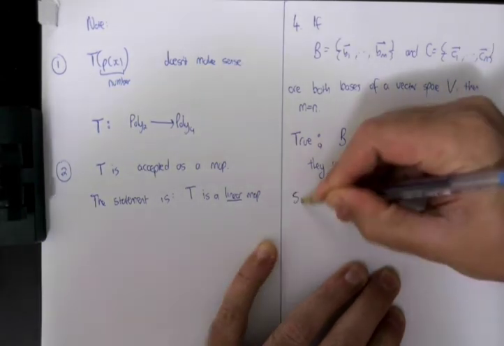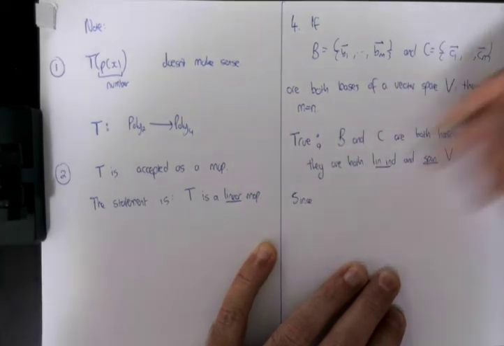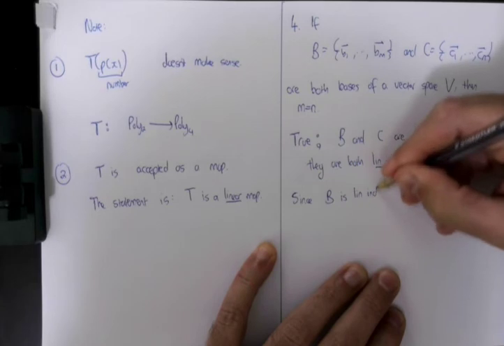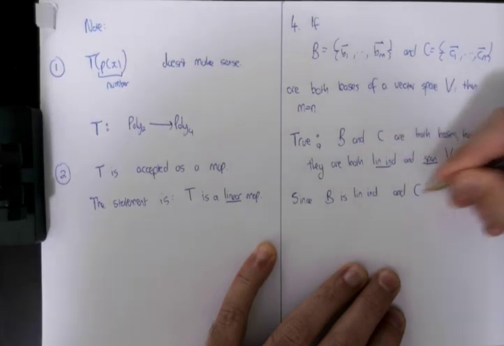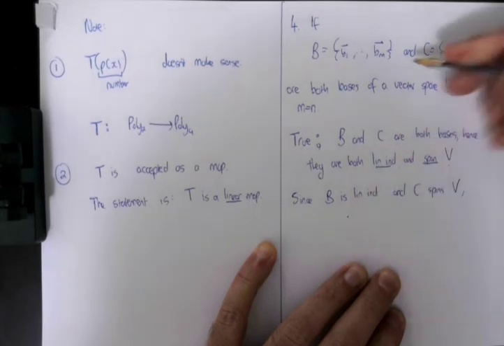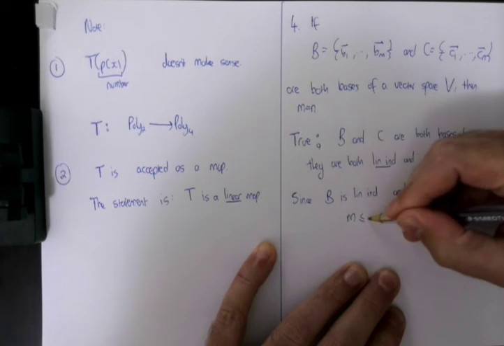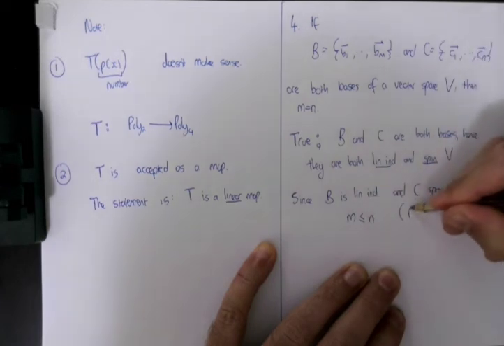Okay, so now the proof goes as follows. Since B is linearly independent and C spans V, we have that the number of vectors in the list B must be less than or equal to the number of vectors in the list C. That's the bumping off proposition.